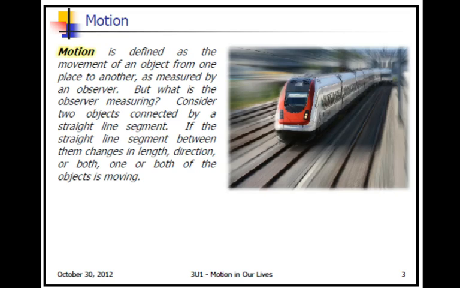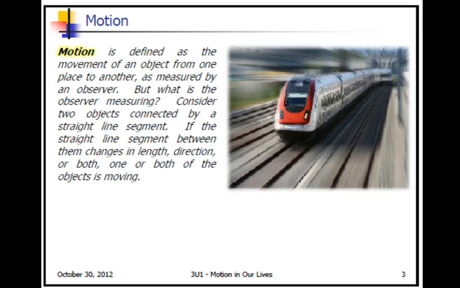So some idea that we could use to determine if something is moving is this idea of a straight line segment between 2 points. So let's say we have a train, and that train is moving, and you're sitting inside the train.